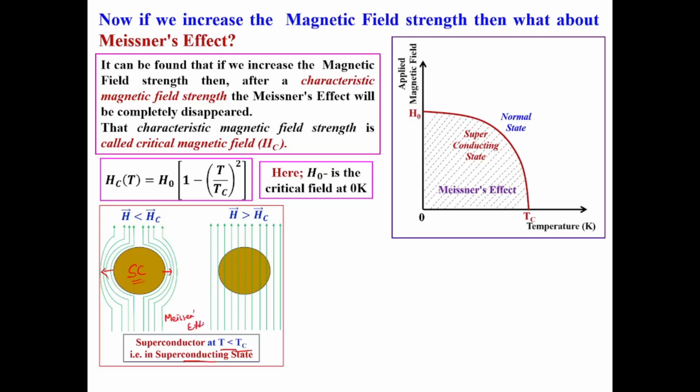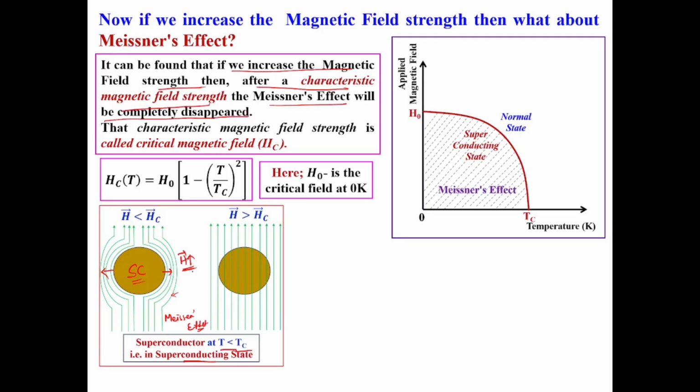Now at this stage, if I increase the applied magnetic field strength, what is going to happen? It is found that if the applied magnetic field strength is increased, then after a characteristic magnetic field strength, the Meissner effect will completely disappear.